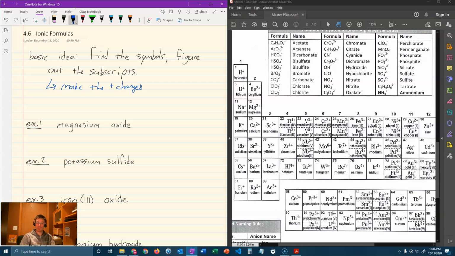It's neutral. So that means that the positive charges in that sodium chloride are balanced out by the negative charges. Sodium is positive, chloride is negative, they balance each other out. So you need to make the plus charges equal the negative charges.